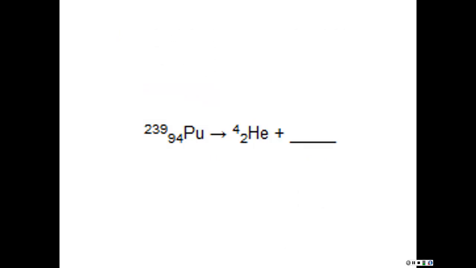So let's try this one. Plutonium-239 decays to release an alpha particle plus what daughter particle? Let's take a minute, or probably a little less than a minute.